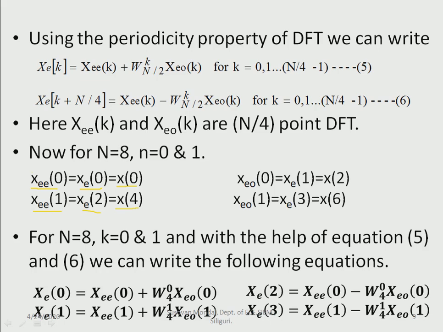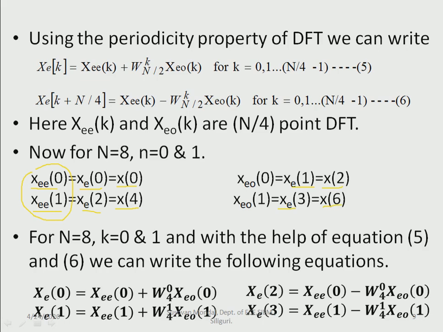So we created a new sequence called even, and its indices are 0 and 1. So this is 2 points. Similarly, x odd of even of odd. So basically these are even index, which is nothing but x even of 1, x even of 3, which is basically x of 2, x of 6.